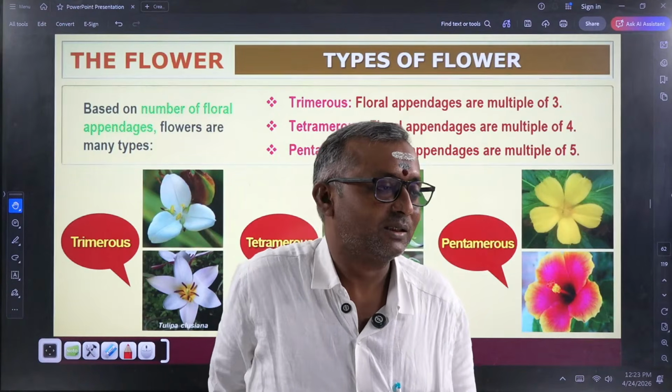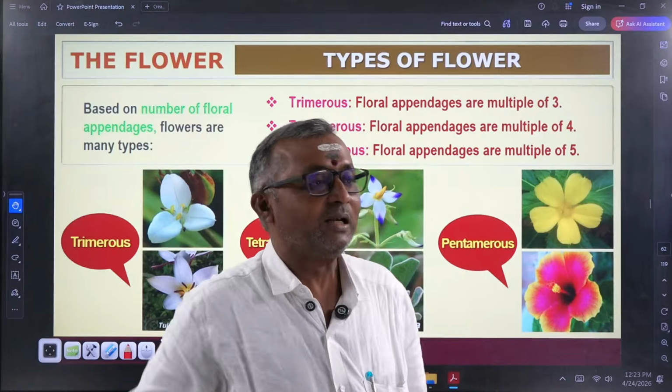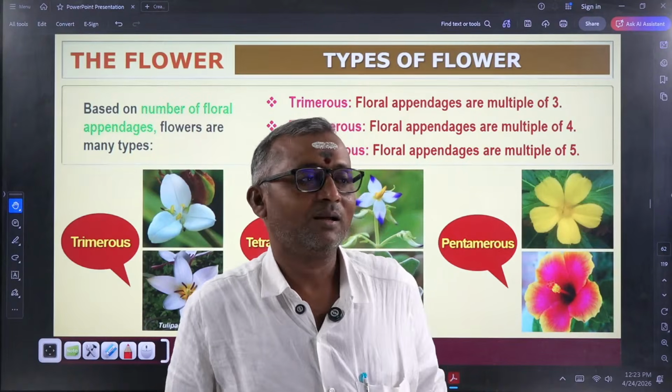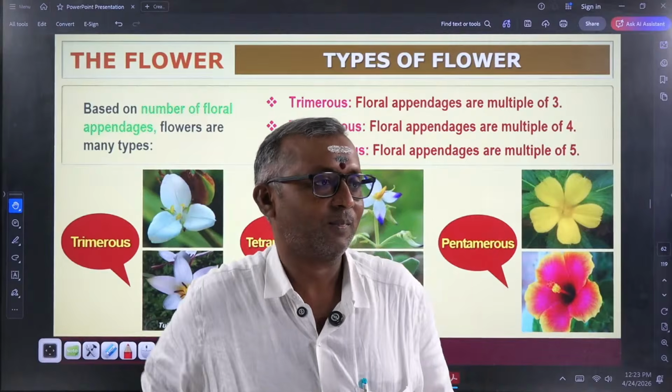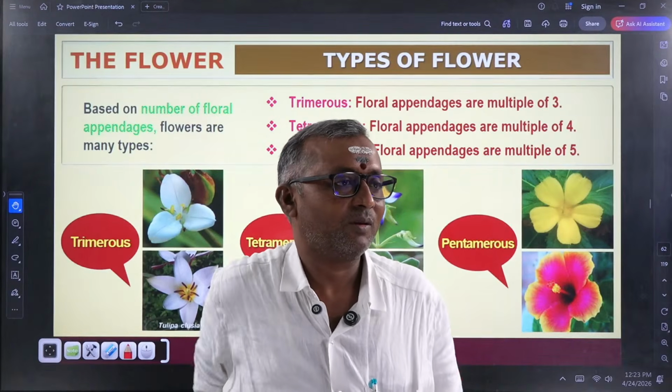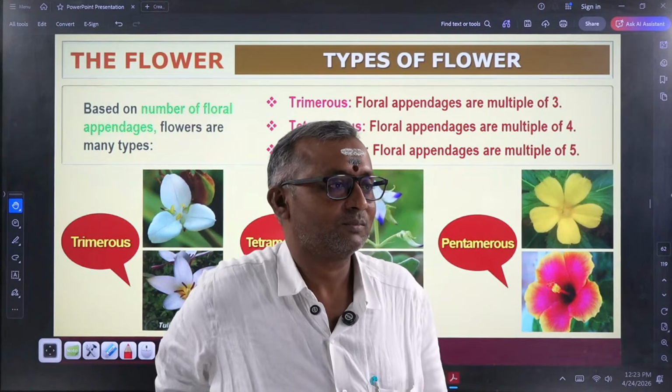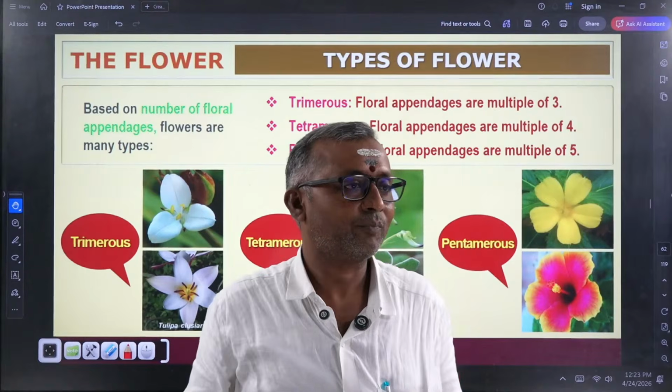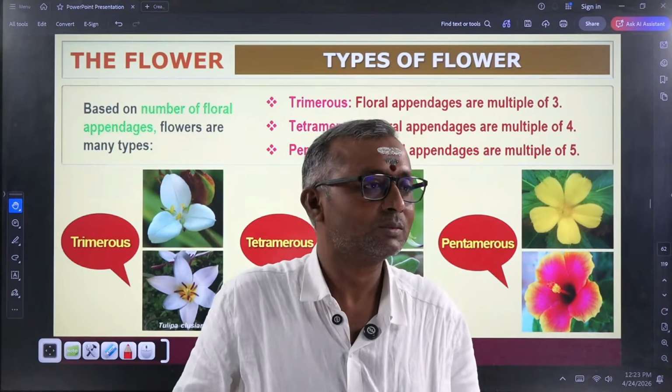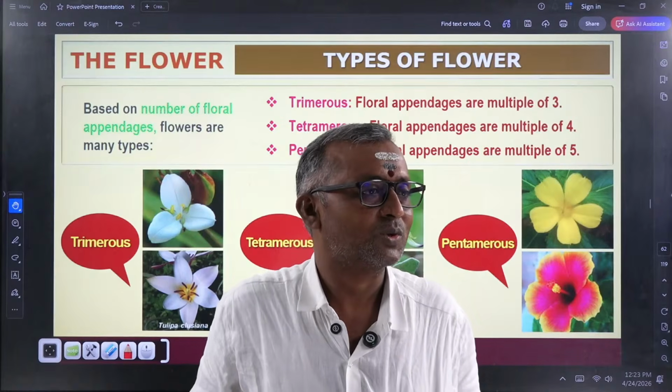Perianth. Perianth is nothing but indistinct accessory organs. Mr. Ravi Prasad, you ask about germ layers?